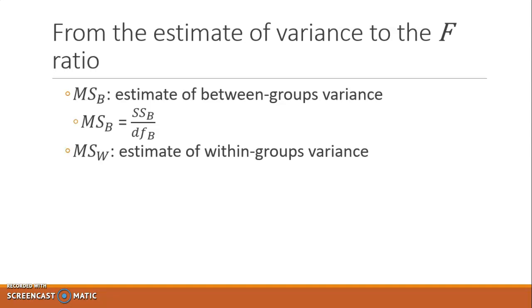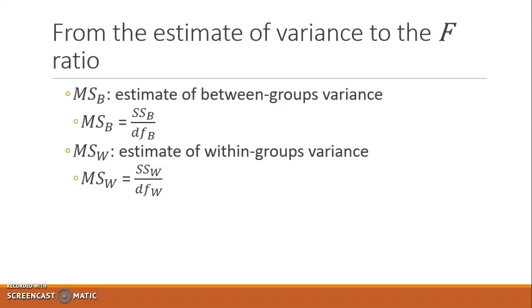And perhaps not completely surprisingly, it's the same thing as MS sub B, it's just with W's instead of B's. So the different numbers, they're looking at different amounts of variance. Okay, this should also look familiar because we've been dividing by degrees of freedom in order to get the mean squares between groups. These are different types of variance.